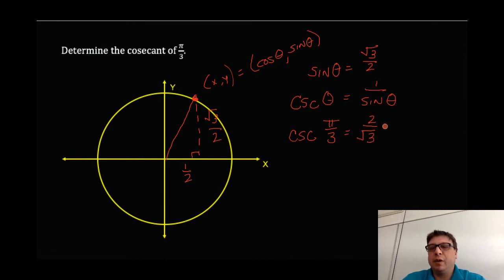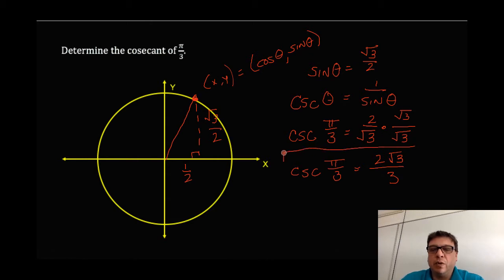I can't leave square root of 3 in the denominator, so that's why we have to rationalize. So square root of 3 divided by square root of 3. Multiply it all out, and we end up that the cosecant of pi divided by 3 is, multiply across the top, 2 square root of 3 divided by, sorry, the marker's not quite right. There we go. And then square root of 3 times square root of 3, which is 3.